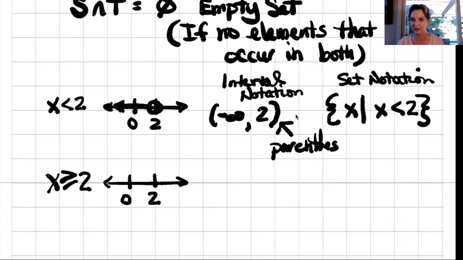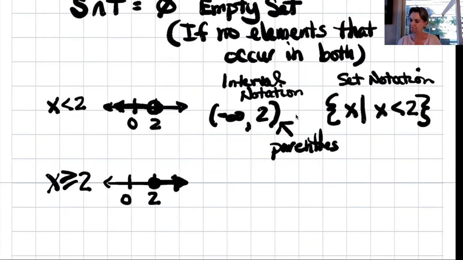That's something that's nice about the videos, right? Sometimes I do go a little fast, so feel free to pause and rewind when you need to, okay? Okay, so this one is greater than or equal to 2. So that means your dot at 2 is going to be filled in, okay? And it's greater than, so your arrow is going to be all values greater than 2.